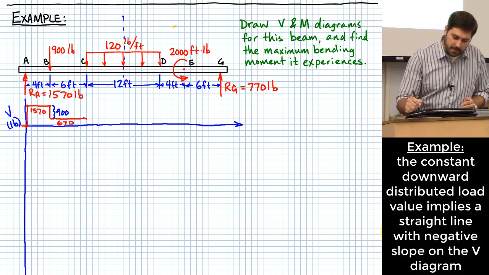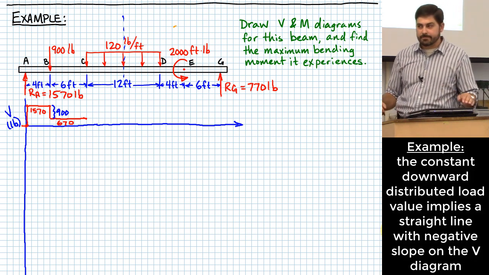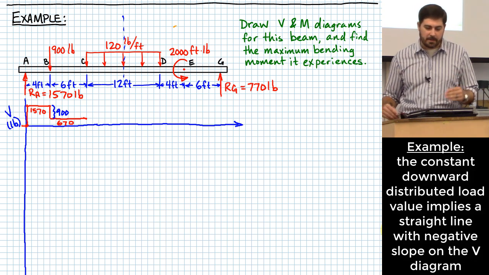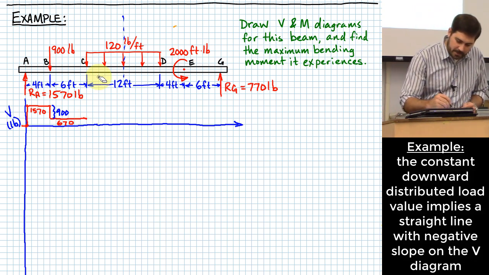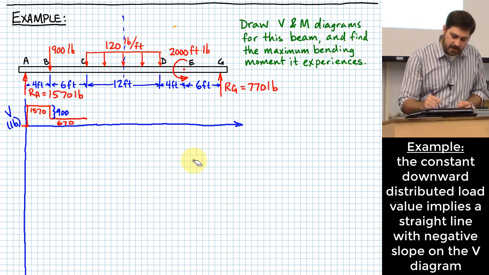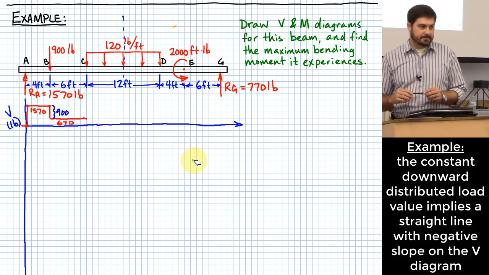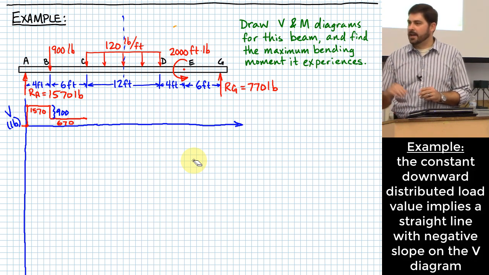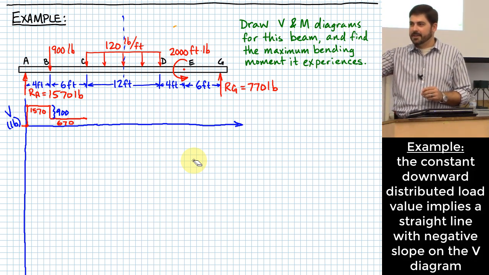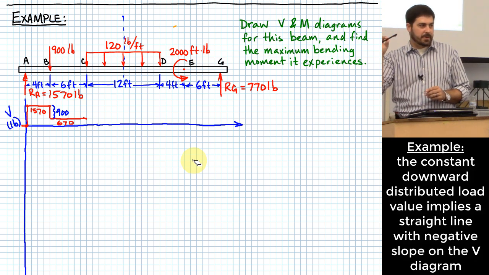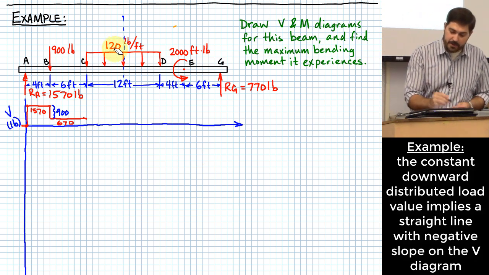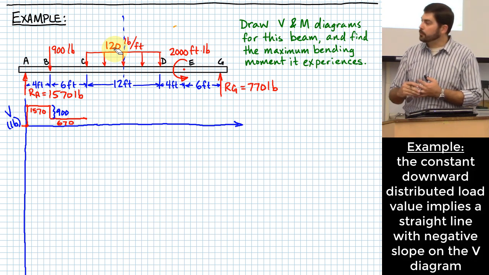What does that mean for the slope of my V function? Stays the same, which means it's a straight line. So I can tell by that rule that whatever happens from point C to point D should be a straight line. It won't be a flat horizontal line anymore, but it'll be a straight line that has some slope to it. The slope value is going to be negative 120 pounds per foot of length.